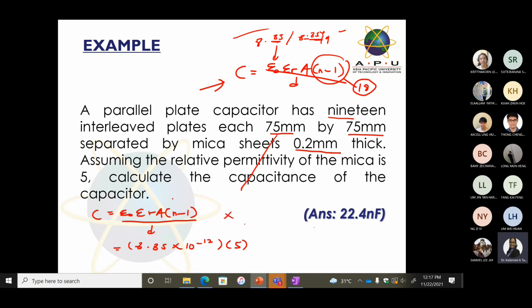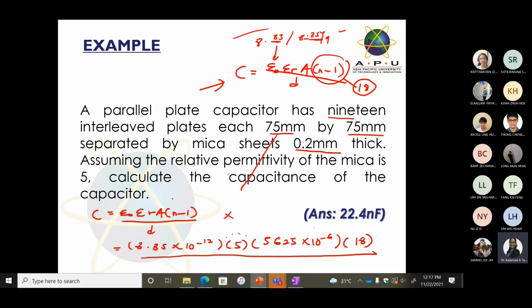It means times. And the next one I go on with the 5, 6, 2, 75. Should be 2.5, to the power of minus 6, because we go on with the power of 6 here, and with the 18, because 19 minus 1 we get 18, then divide by d, with the distance here being 0.2.